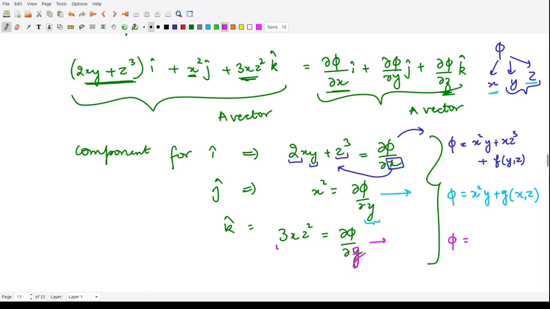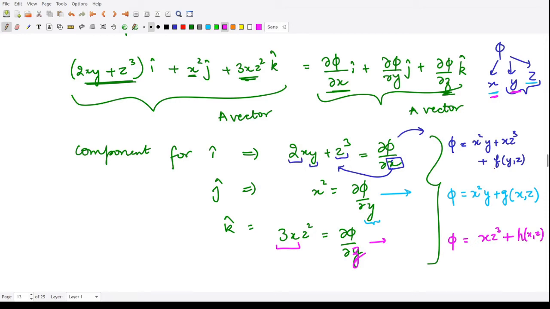These would be treated as constant, so it would be x into z cube, plus the constant of integration, which would be another function consisting of x and y, because we are treating them to be constants. So you obtained these three equations.